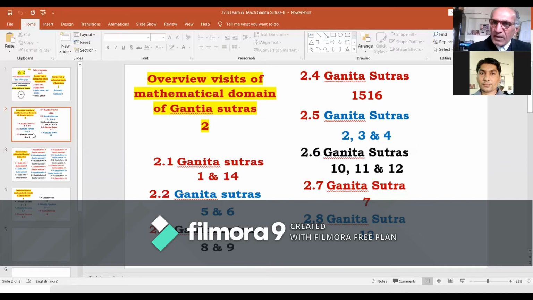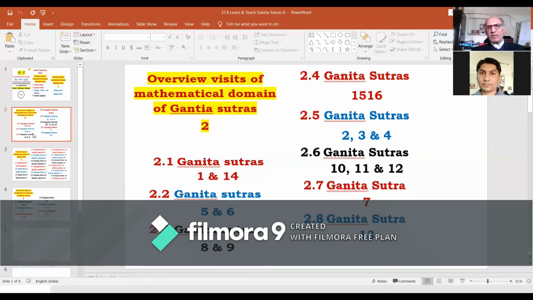Likewise, triple sutras, namely Sutra 10, Sutra 11, and Sutra 12 as well, are so placed that they follow the placements subsequent to the Ganita Sutras 8 and 9, which have self-imposed inherent potentialities of bridging the gap in between them.